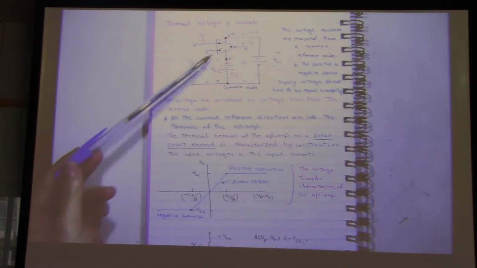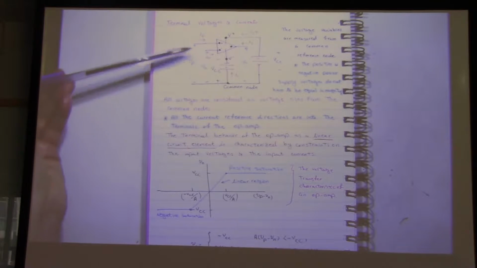If you want to see voltages and currents at each terminal, we use this figure. So you see IP. IP means positive, non-inverting. That's why you say IP.